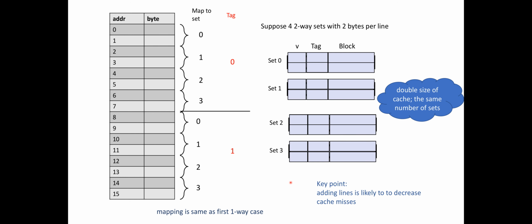So the key idea here is that adding extra lines is very likely to decrease cache misses. And in fact, the way that the CPU designers tweak and fine-tune the size of their caches and how many lines they have in each set is by running a whole bunch of representative programs.